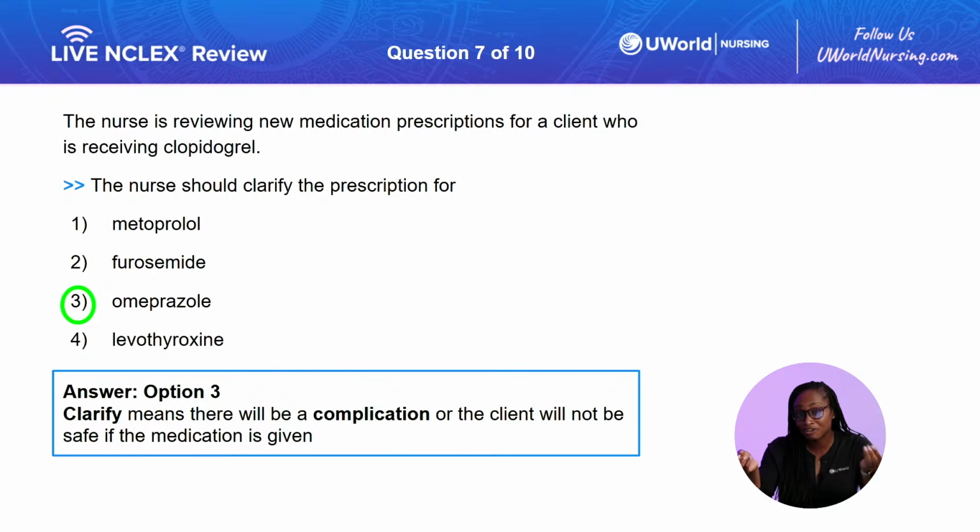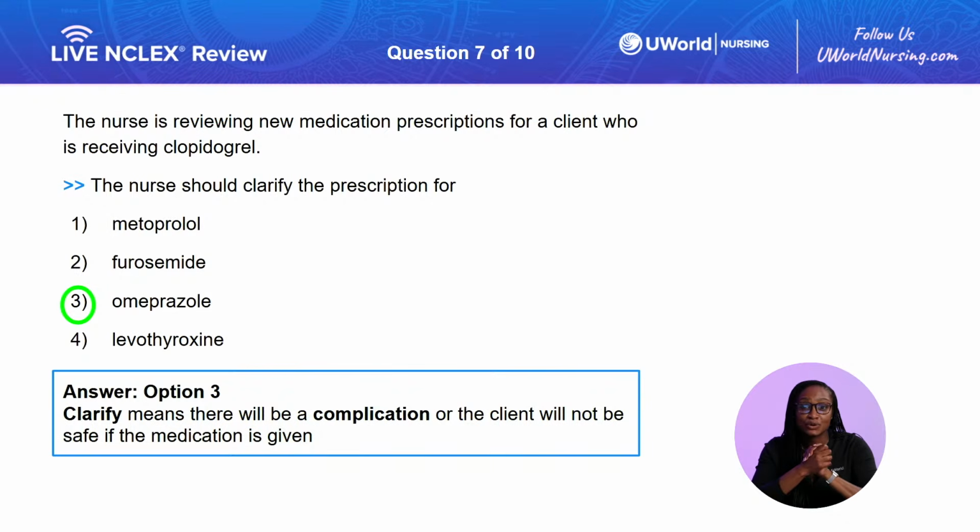And we know clopidogrel, or antiplatelet medication, is a very high priority medication. So we really want that medication to do its job and its normal mechanism of action. If we add omeprazole into it, it reduces that, which means that we have an increased risk for those blood clots all over again, which we don't want to happen.